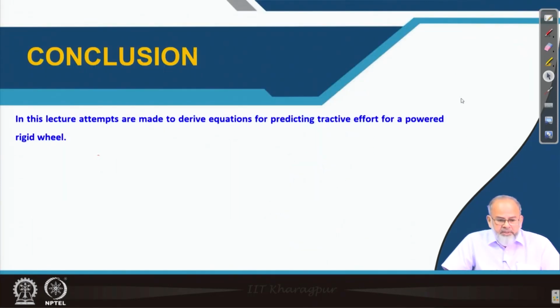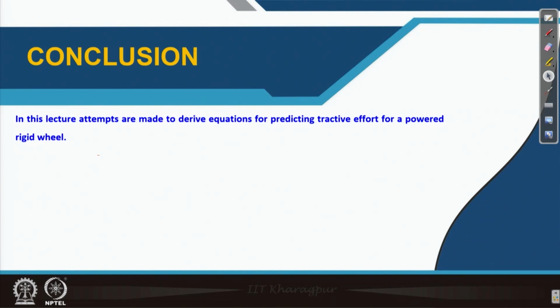So, in this lecture, attempts are made to derive equations for predicting tractive effort for a powered rigid wheel. The important components are the shear displacement, and we have derived an expression for slip velocity, from which we find the shear displacement.